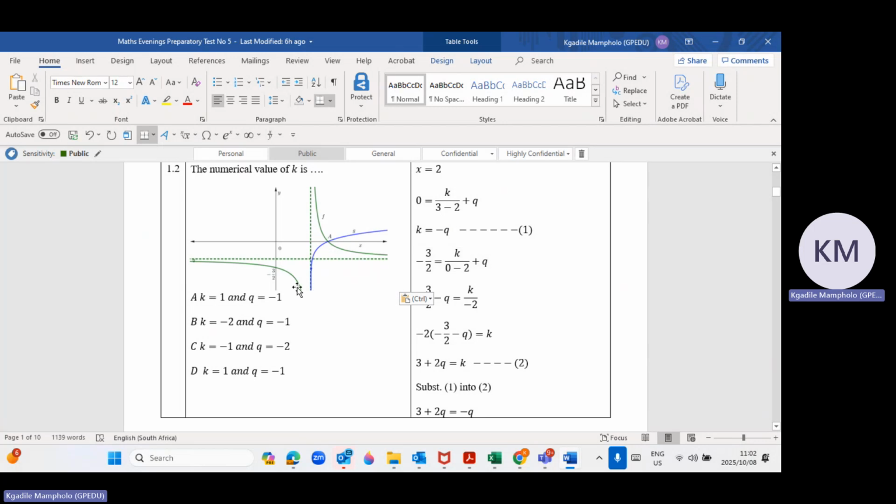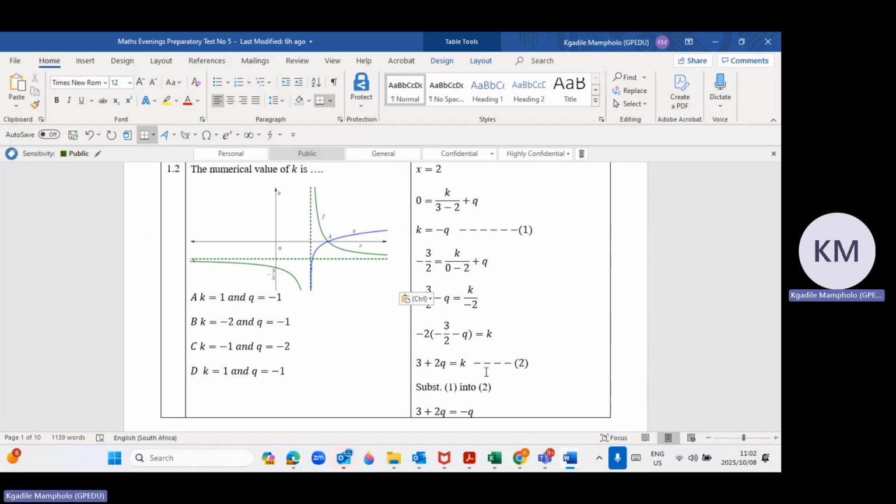Now you make equation 2 by substituting this y-intercept: y is negative 3 over 2, x is 0. Then you say negative 3 over 2, q comes this side, then you cross multiply by negative 2. You find the answer is 3 plus 2q equals k.